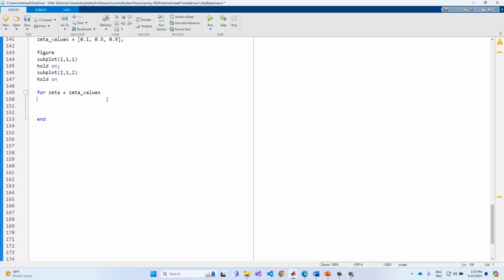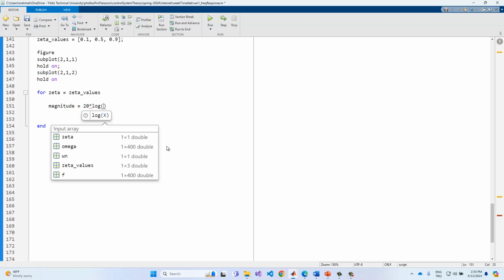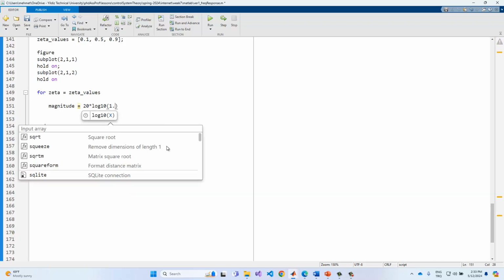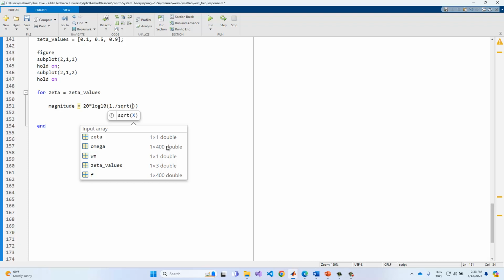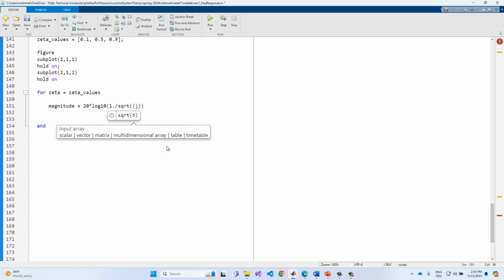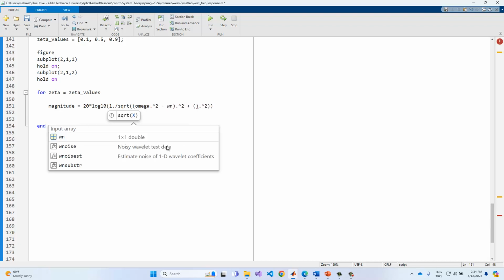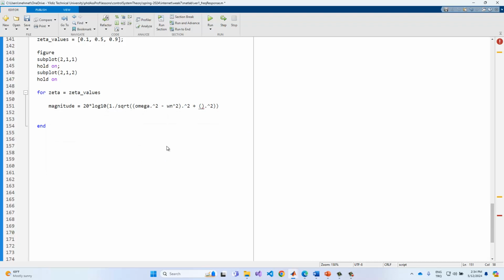Okay, and so for the whole zeta values we can calculate the magnitude as 20 times the log 10 in here, 1 divided by the square root form in here, and so we have dot over the square form in here, just like this one, the omega squared minus omega n, okay, and also 2 zeta omega n omega.